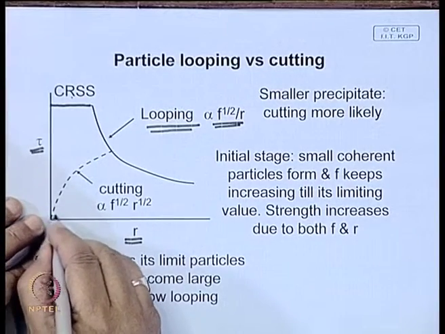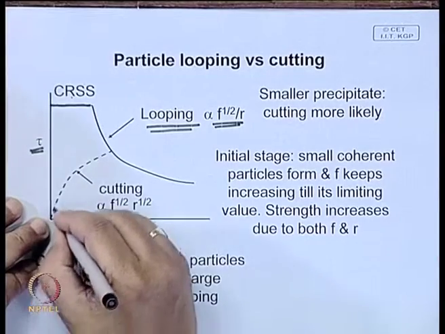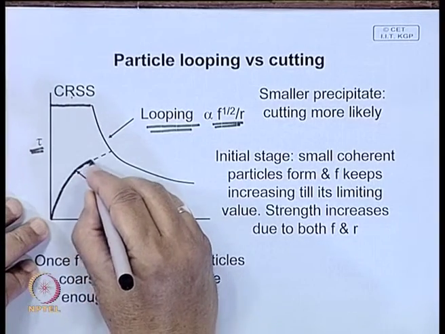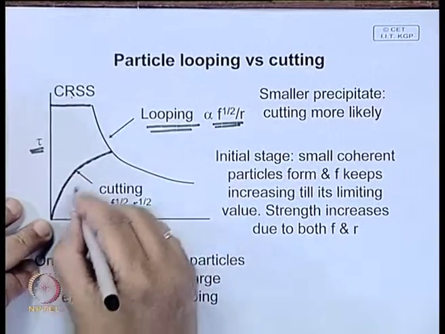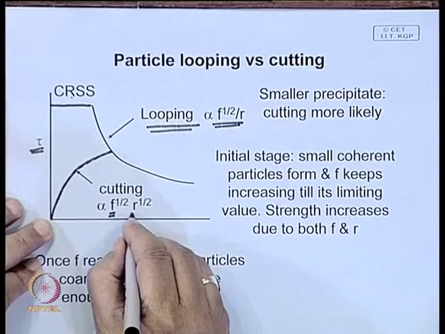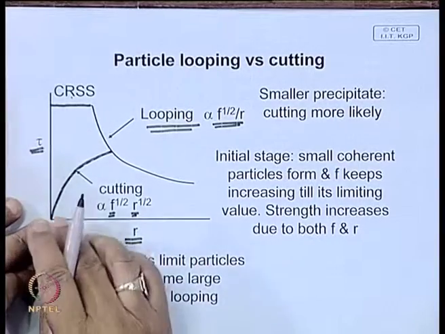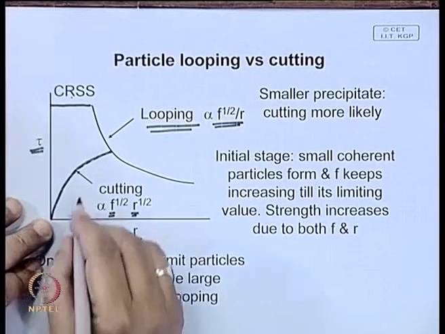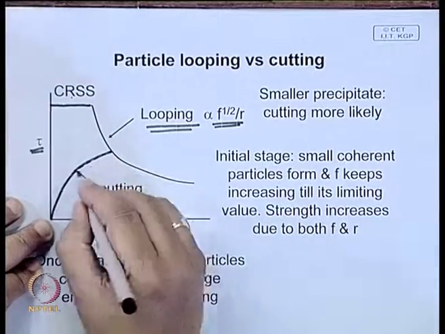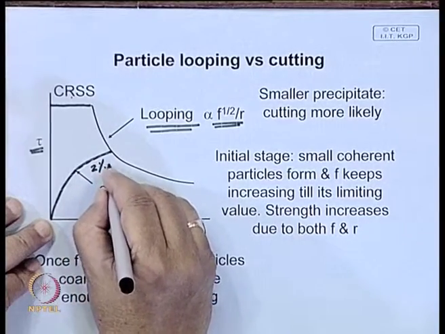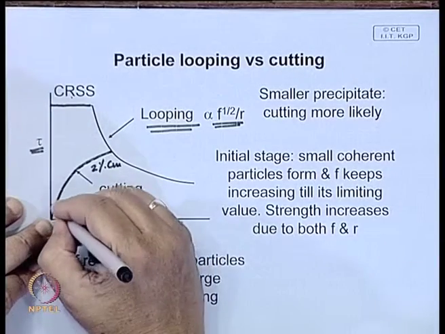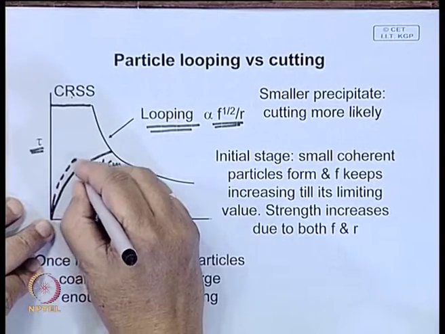Initially some amount of precipitate will form and follow this plot. This is the precipitation stage or aging process, so the volume fraction as well as r keeps on increasing. This is for a particular alloy composition, say maybe 2% copper. If you increase the copper, you will have more volume fraction, and in that case it may follow a plot like this.